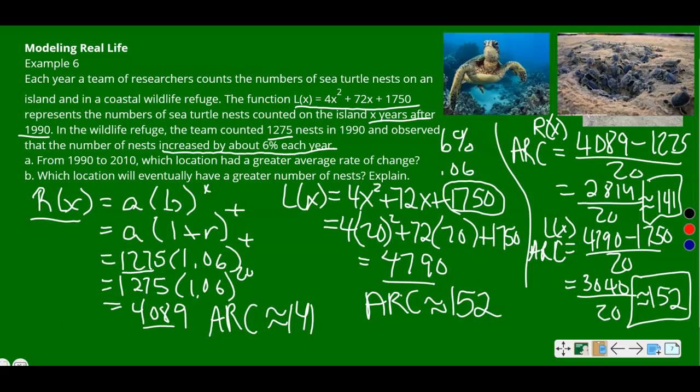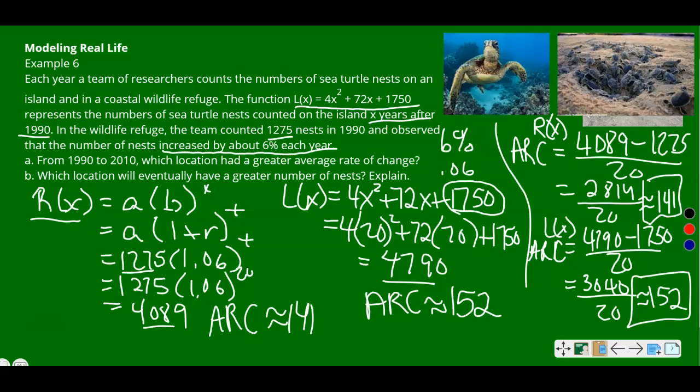So we can conclude, since L of x is 152, that's greater than R of x, which is 141. We know that L of x represents the island. So we can say the average rate of change was greater during 1990 and 2010 for the island.